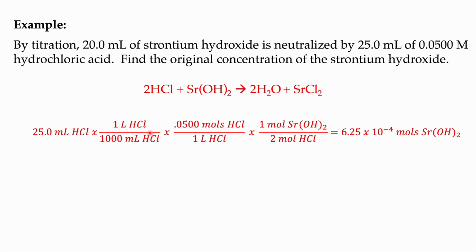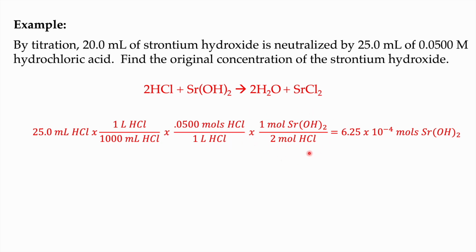I converted it to liters of hydrochloric acid by dividing by 1,000. Then I multiplied it by molarity. Remember, molarity is just moles over liters. So if the concentration is 0.05 molar for hydrochloric acid, that means 0.05 moles of HCl over 1 liter. Now my liters have canceled, and I'm left with just moles of HCl.